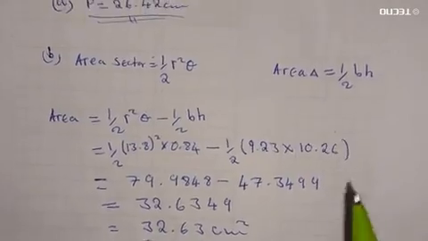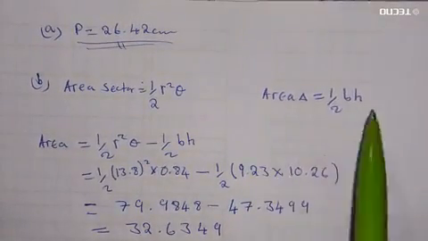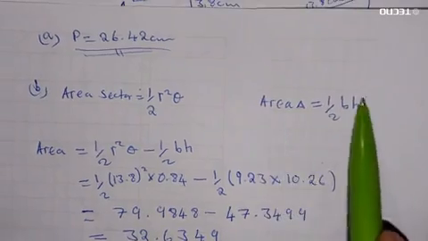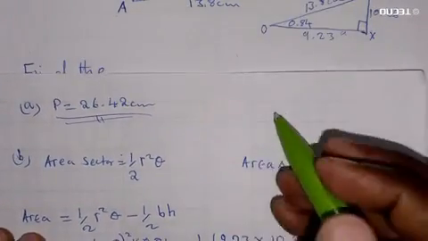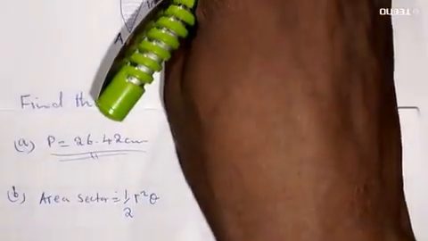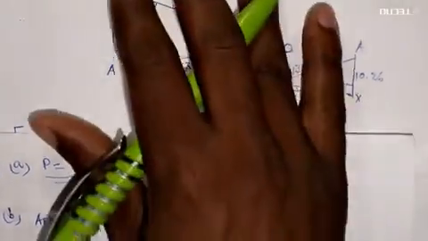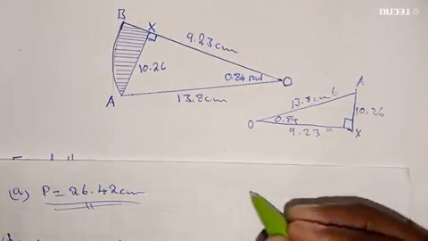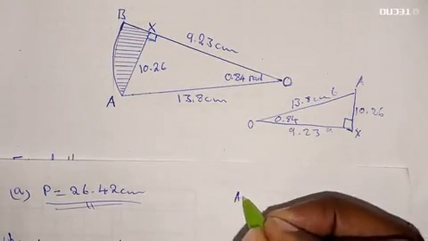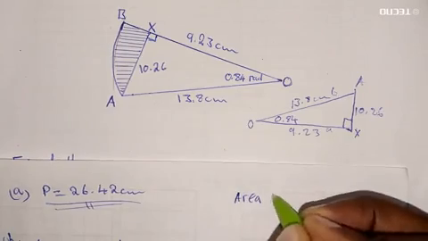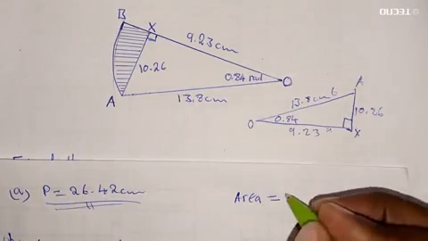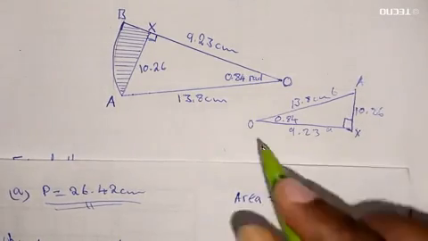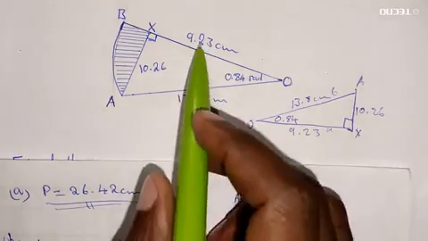Then if I told you that you never wanted to use this formula for the area of the triangle, you can still use this formula, which is: the area of this triangle is equal to half, then there is this side and this side.